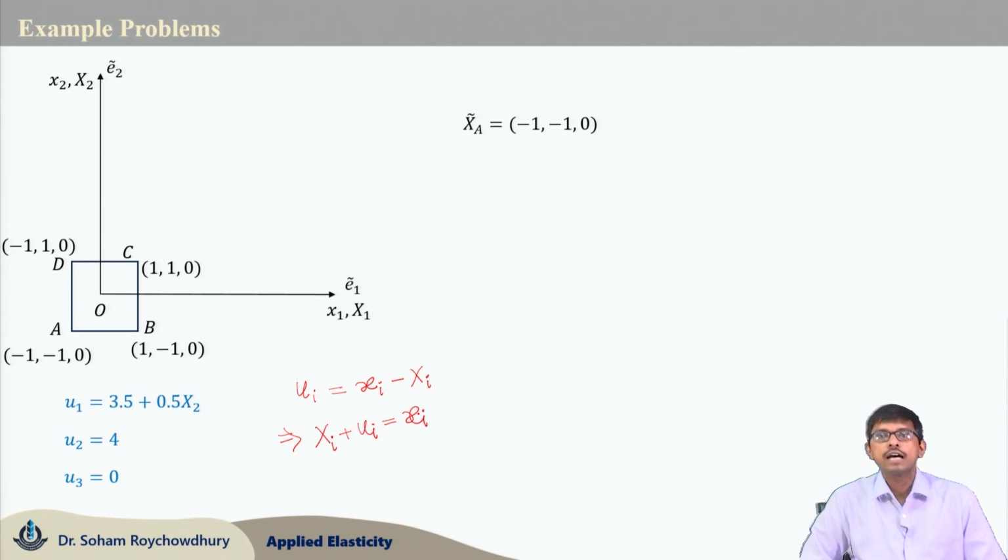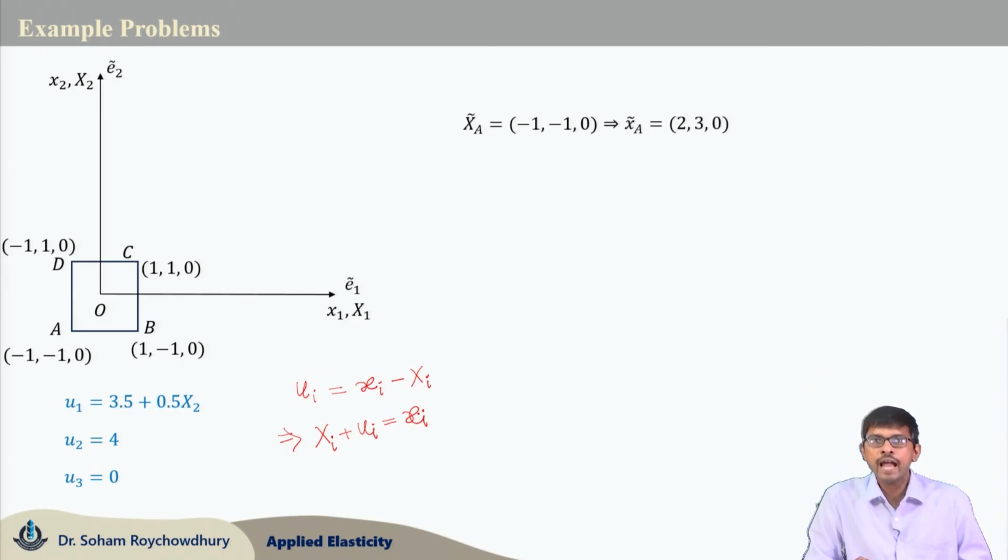We know the undeformed material coordinates for all 4 points A, B, C and D, and we also know the displacement vector. So, adding the displacement vector to the undeformed coordinate, we get the deformed coordinate small xi. For point A, the undeformed coordinate is -1, -1, 0, and the deformed coordinate comes out to be 2, 3, 0.